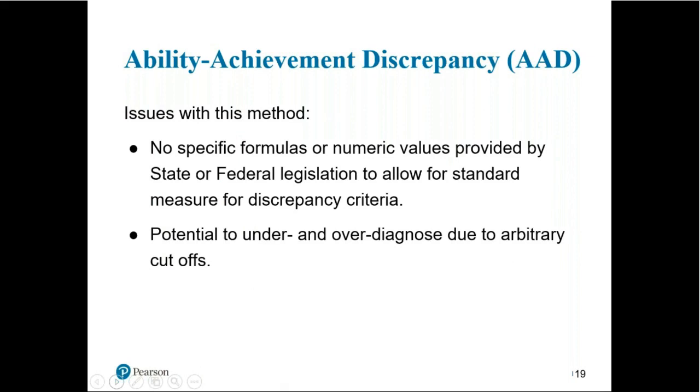They didn't provide really any specific numerical values that could be used as a standard measure for this discrepancy criteria. So lots of different states and territories and different countries devised their own criteria for what a severe, mild or moderate ability achievement discrepancy would be, what the level would be set at. And that really led to the confusion and the misidentification of children with specific learning difficulties.